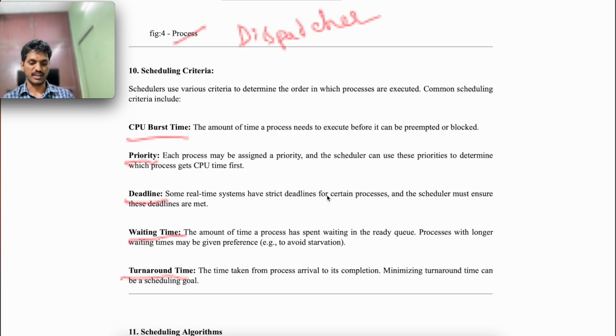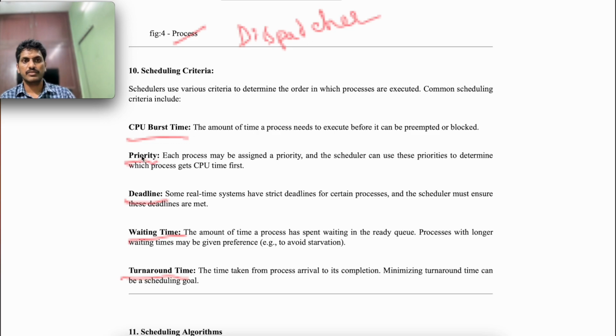What is turnaround time? What is burst time? Burst time means the total time required for a process to be executed by the CPU.